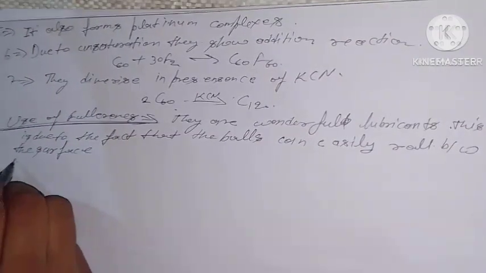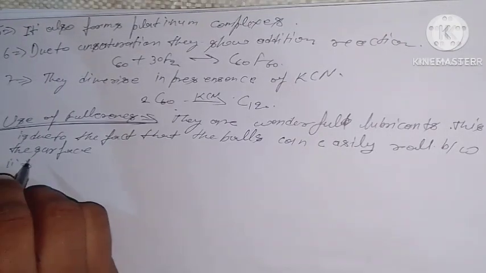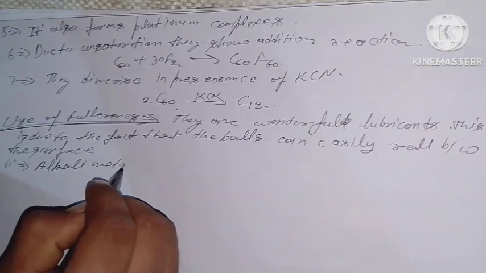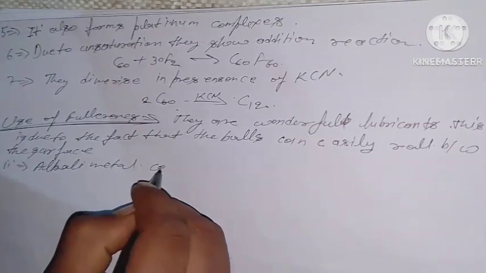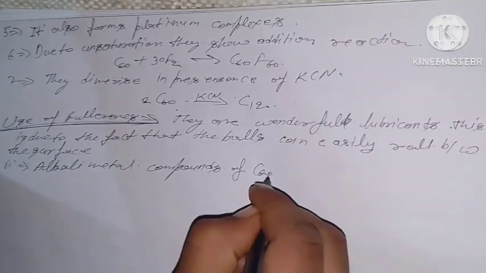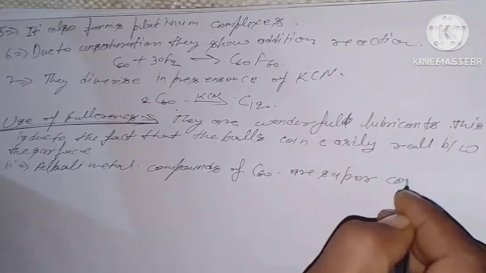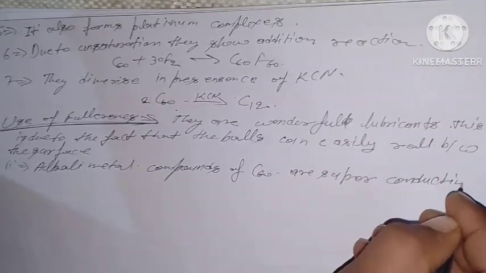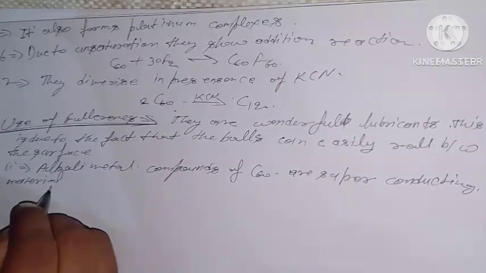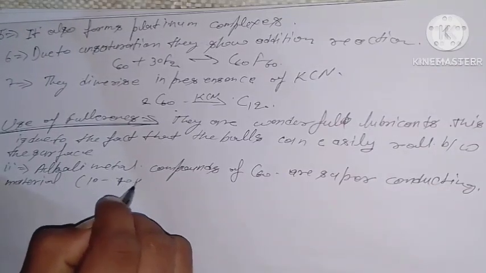Second point. Alkali metal compounds of carbon 60 are superconducting materials at 10 to 40 Kelvin.